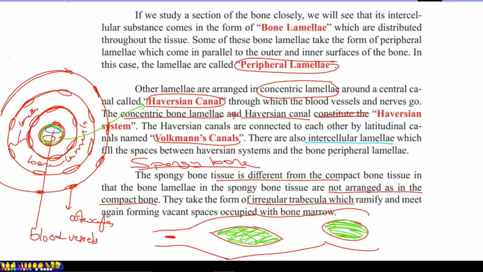In this part there are osteocytes, and the intercellular substance contains osteocytes, thin white fibers, and calcium salts, with what? With intercellular spaces. They take the form of irregular trabecula, and these spaces are filled with bone marrow.